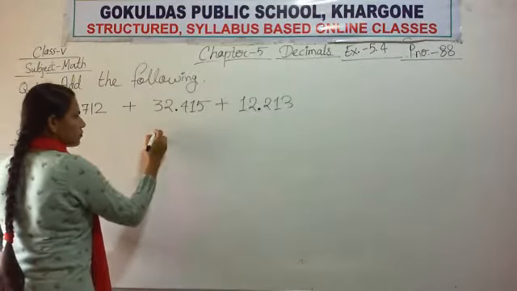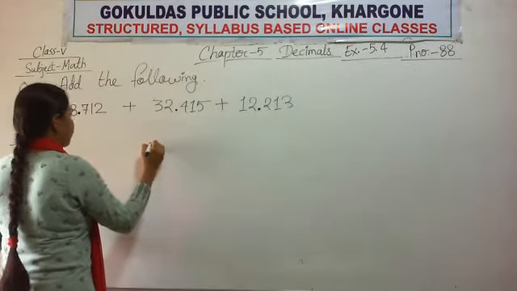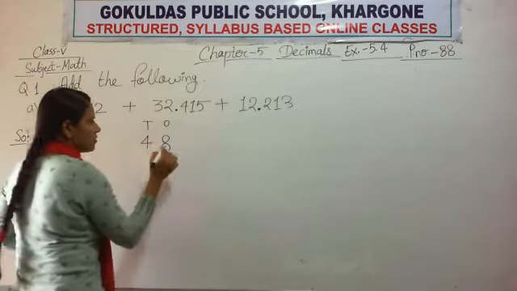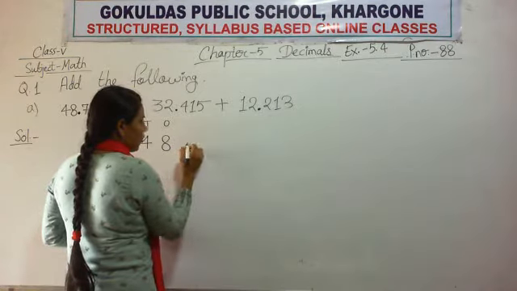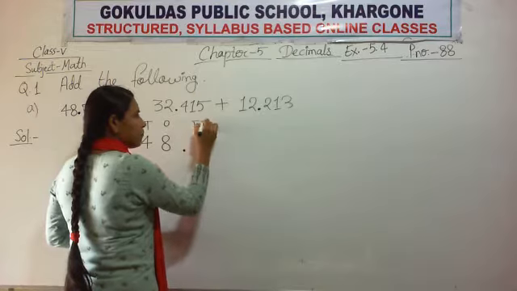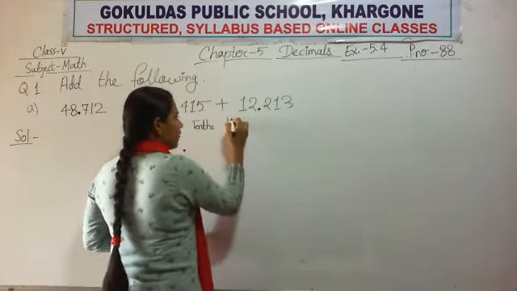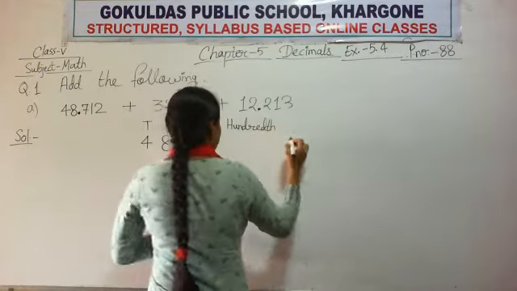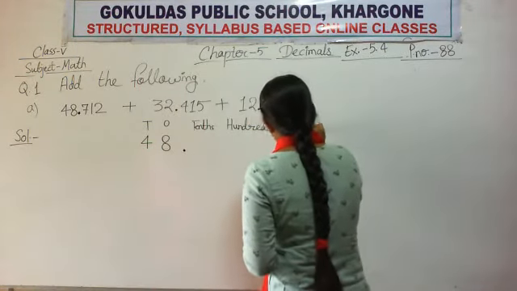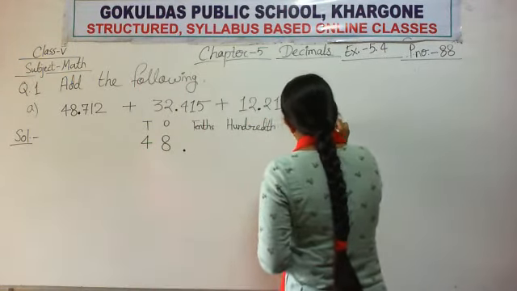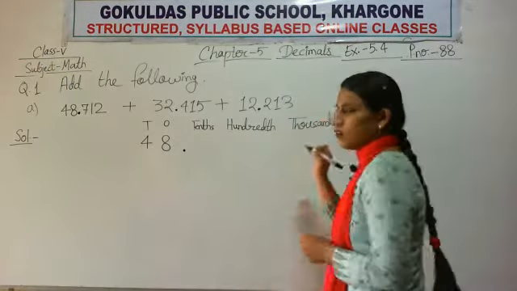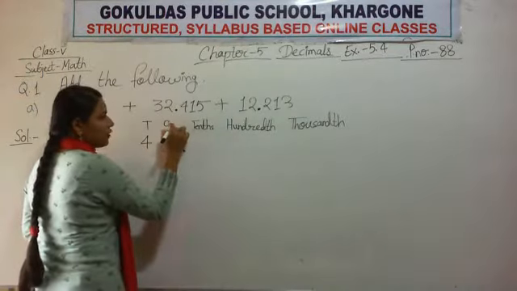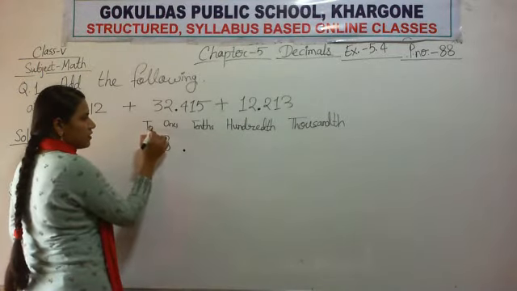So, ones place, tens place, decimal point, tenth place, hundredth place, and thousandth place. You know the place value chart of decimal numbers, right? 8 is at ones place, 4 is at tens place.